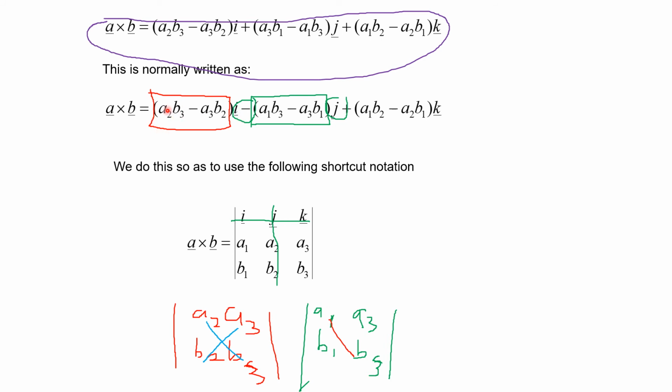Okay, and this has to be minus. Okay, this is associated to j. Next, it's the one that is associated to k. So what we do over here is we simply identify the row and column which is associated to k, which is this.